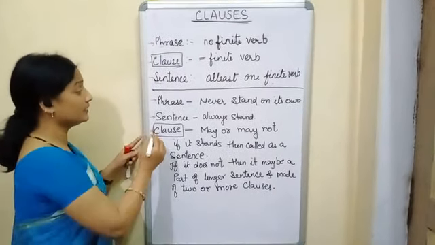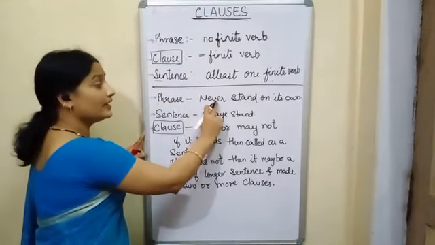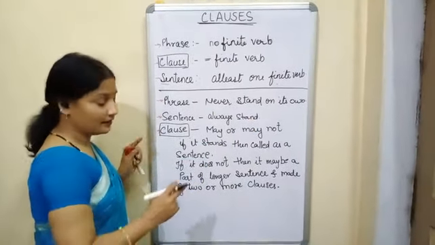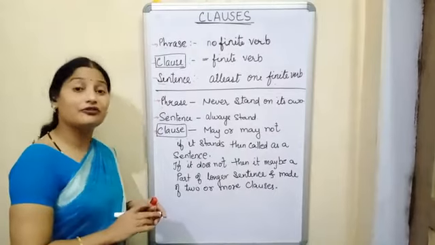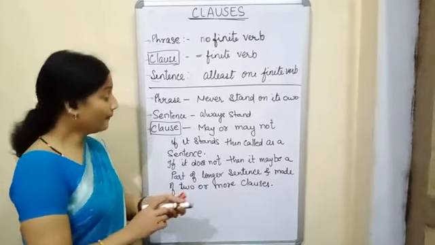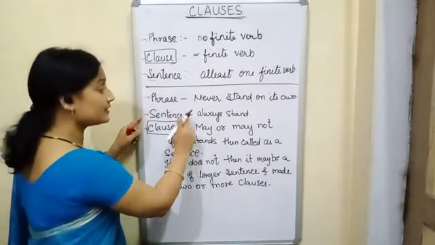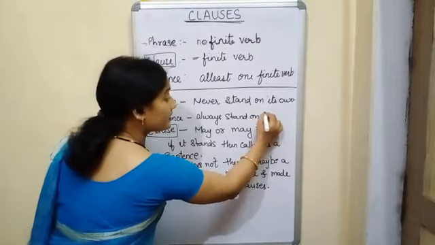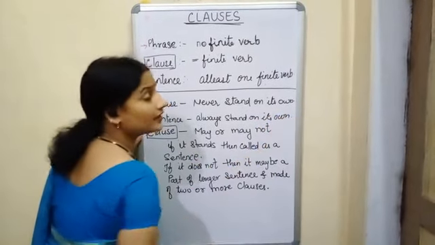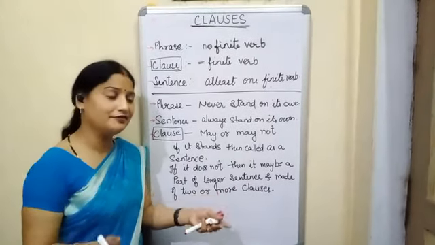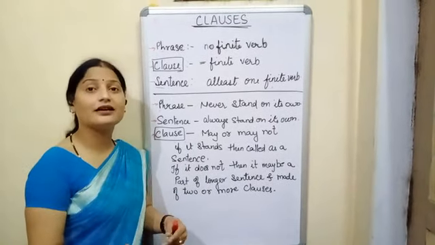Now see the second difference. A phrase never stands on its own. Clear? This we have already read: it has no meaning if it is used alone. But a sentence always stands on its own. Definitely the meaning of a sentence makes some sense. As in, Ram plays cricket.